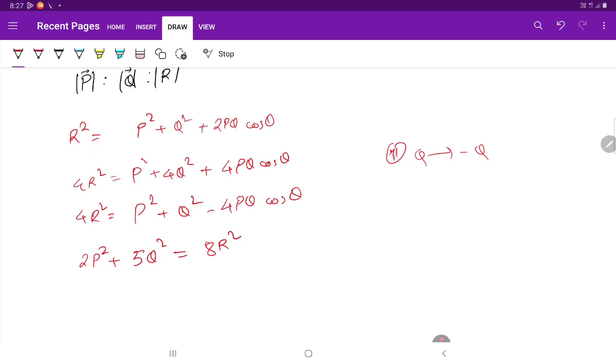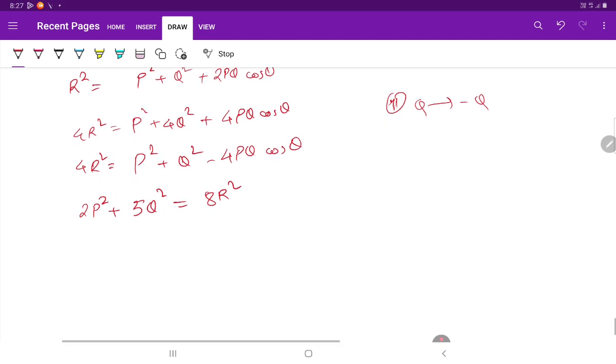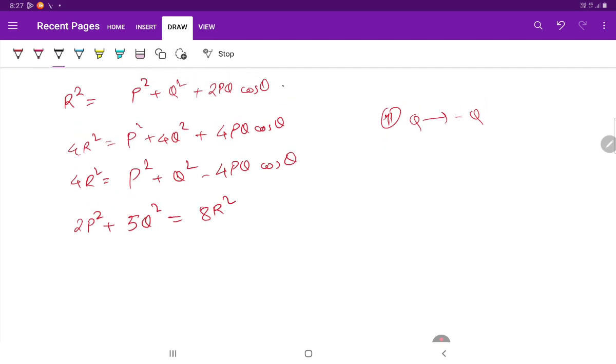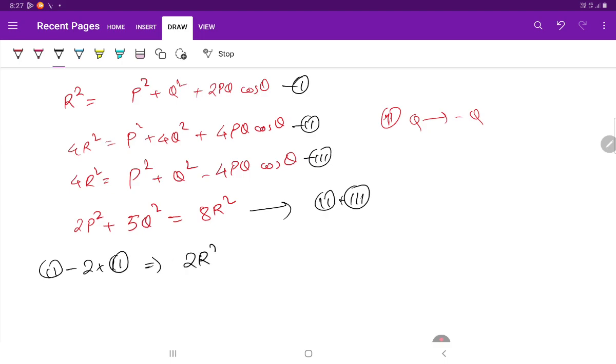And second, just multiply the first equation with 2 and subtract from the second equation. Let me mark them with first, second, third. We are getting this first equation by second plus third. And the second equation will be second minus 2 times first, and we get 2R square is equal to 2Q square minus P square.